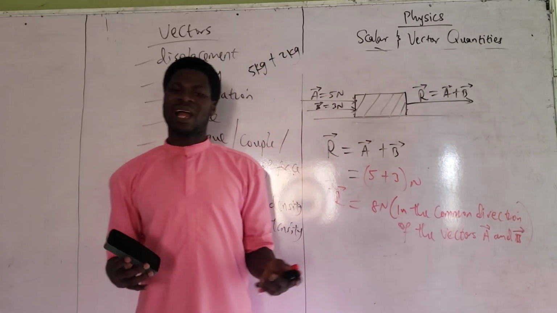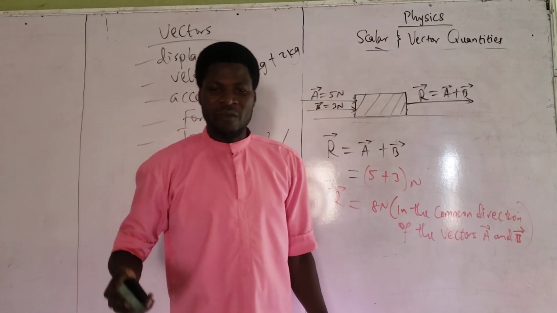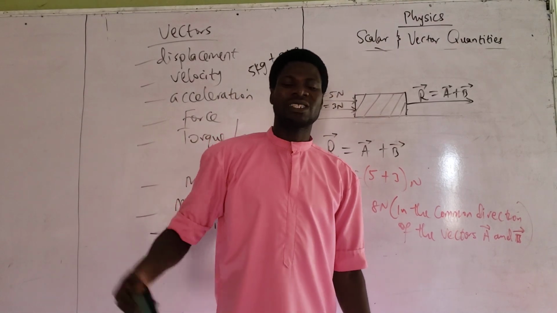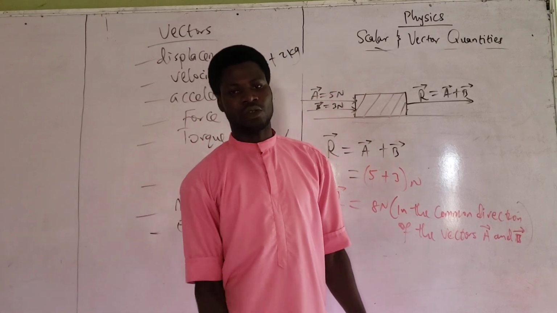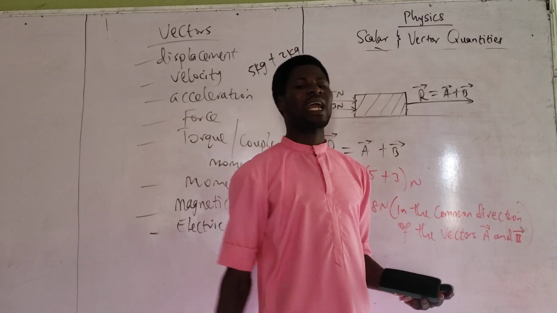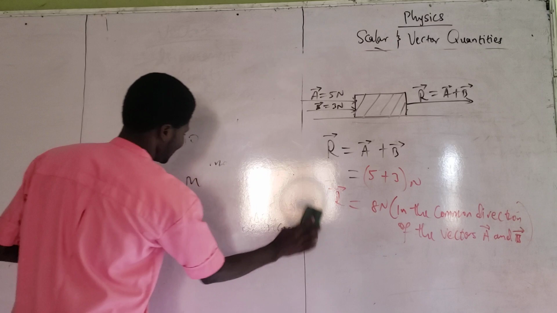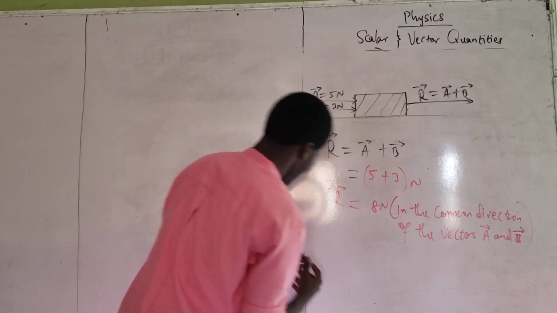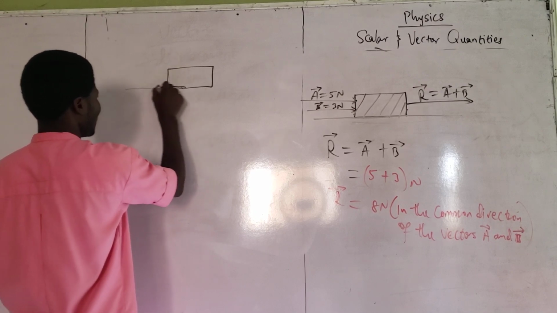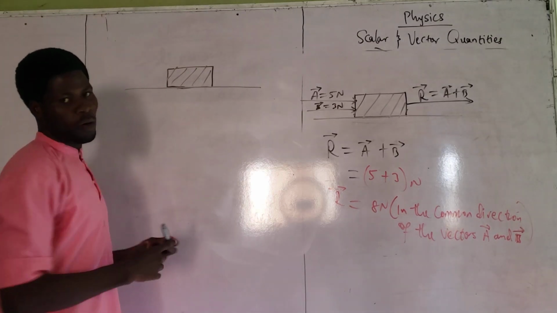When two factors are traveling in the opposite direction, to get their resultant, the factor with smaller magnitude is subtracted from that of higher magnitude. And guess what? The direction is always towards the factor with higher magnitude. For example, let's say we have two people fighting over, let's say, gala.